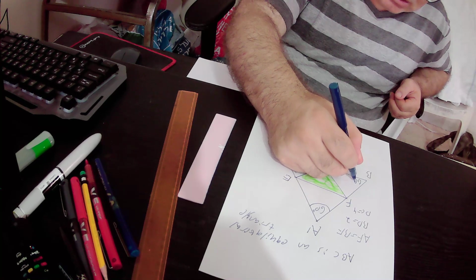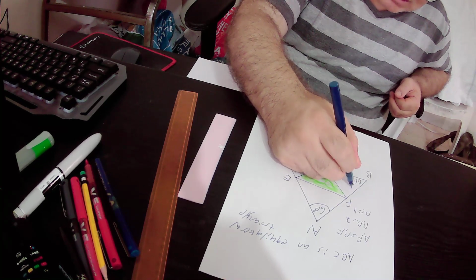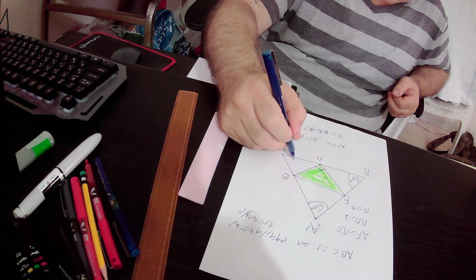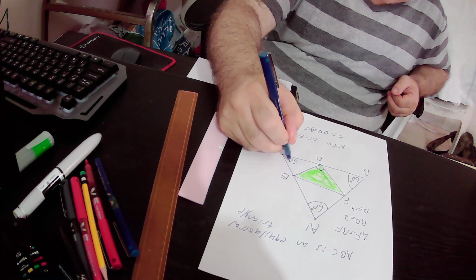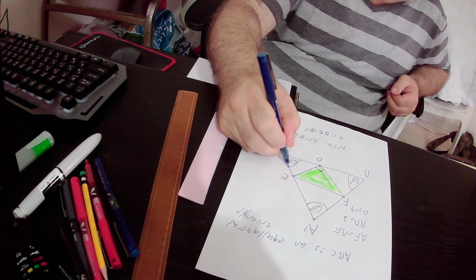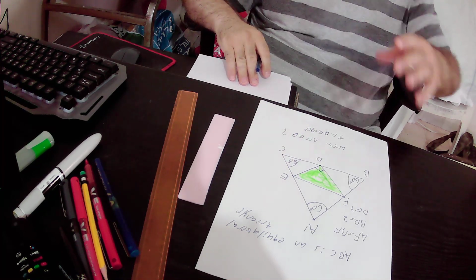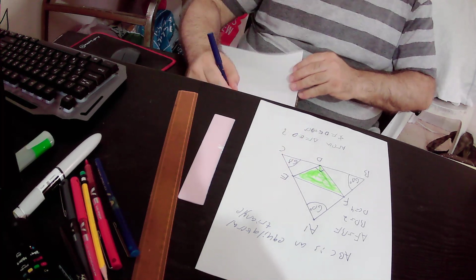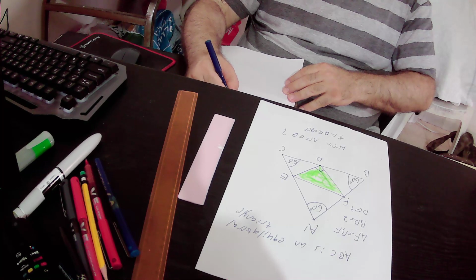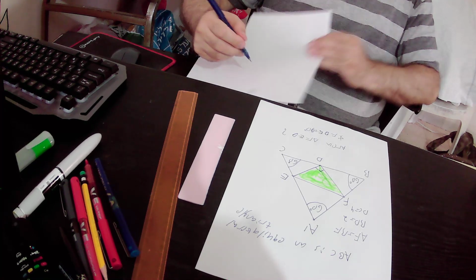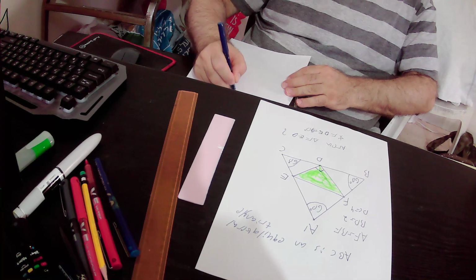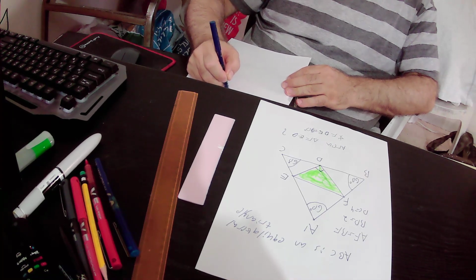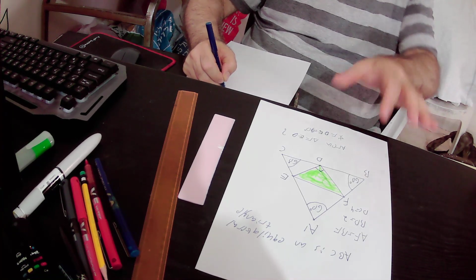So actually we can write down that side AB of the triangle equals side AC and equals side BC.